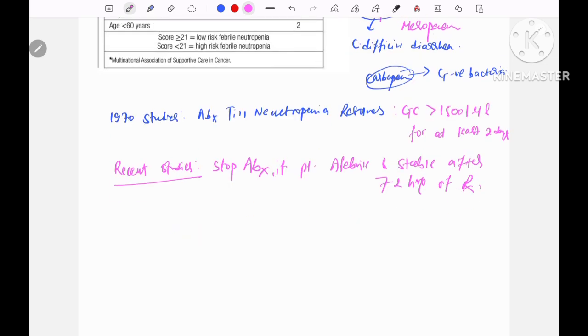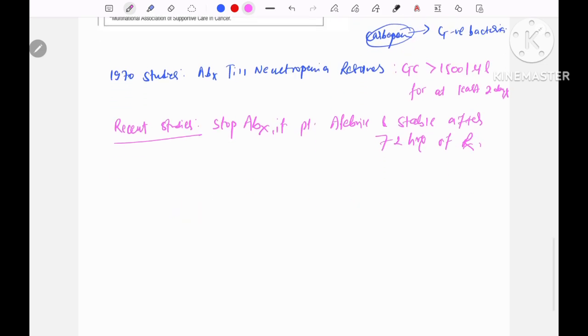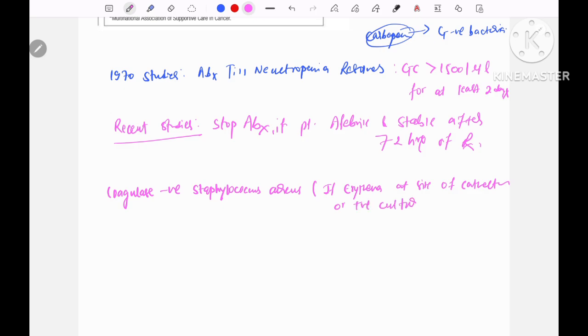Now, if we suspect coagulase-negative staphylococci or Staph aureus, like if there is erythema at the site of the catheter, or if there is a positive culture of MRSA, then we suspect coagulase-negative staphylococcus aureus.